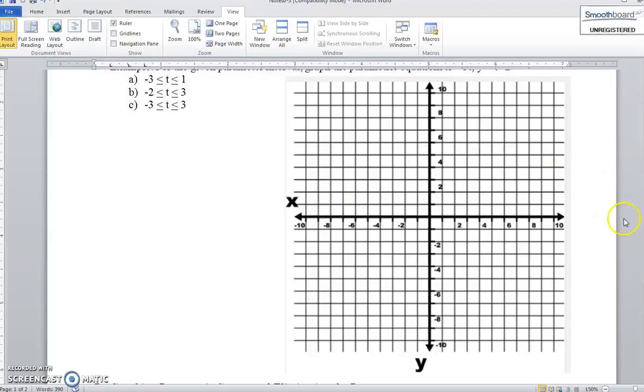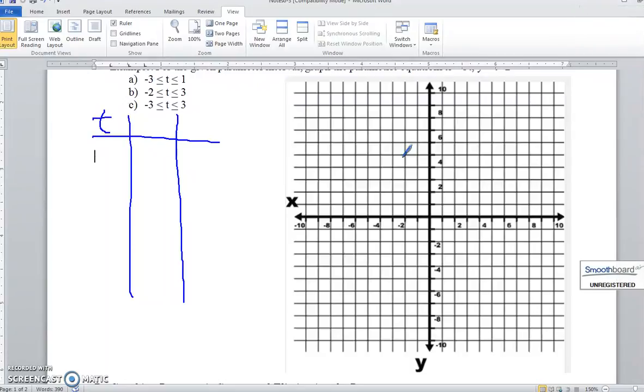It's actually going to be a double t-chart, with values for t, x, and y. In part A, they're asking what happens when t is between -3 and +1. So I'm going to put in -3, -2, -1, 0, and 1.